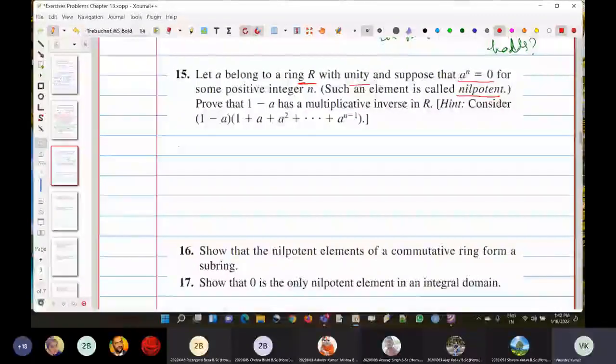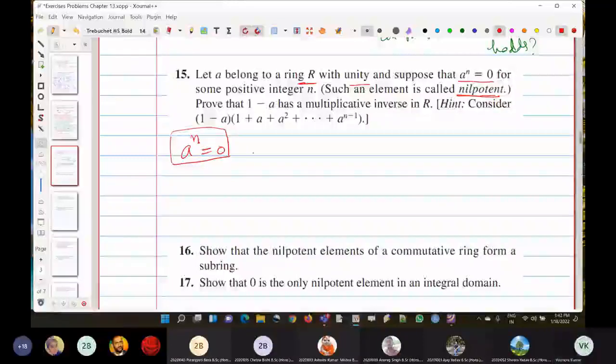We say that an element is nilpotent if there exists a positive integer n such that a to the power n equals 0. So this type of element is called a nilpotent element. They are telling that if an element is nilpotent, then 1 minus a has a multiplicative inverse.